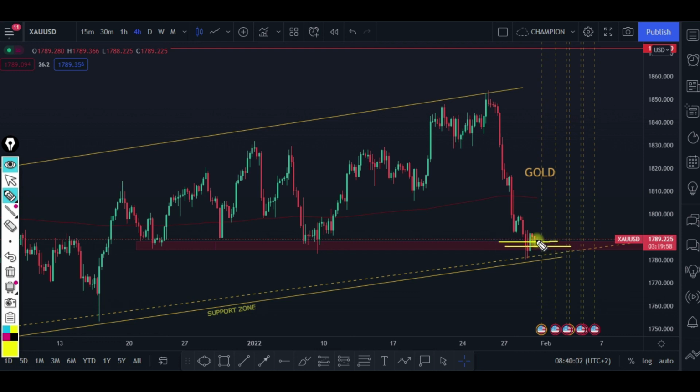If it's giving us a bullish, this is for the hourly time frame, remember. If it gives us a bullish candlestick, I'm going to place my buying positions and push high with the market.